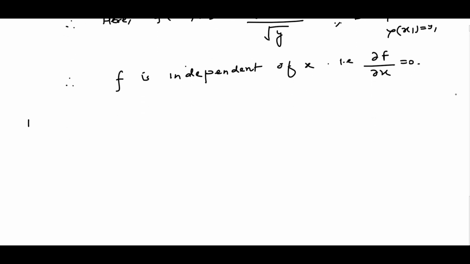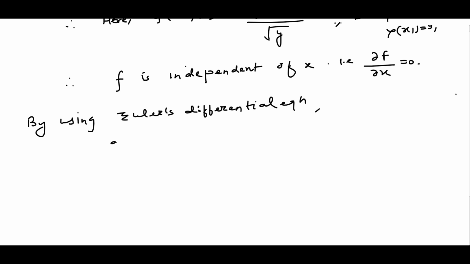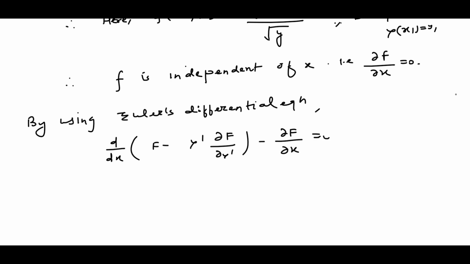So by using Euler's differential equation, as we know that d over dx of del f over del y dash, minus del f over del y, has to be 0.